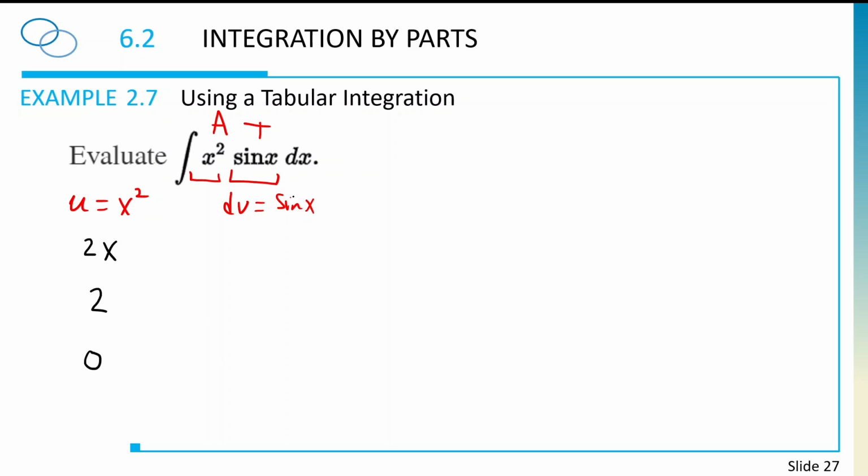Now the first integration of sine equals what? Negative cosine of x. One extra time, the integration of negative cosine. So this is negative sine of x. One extra time, the integration of negative sine of x equals cosine of x.